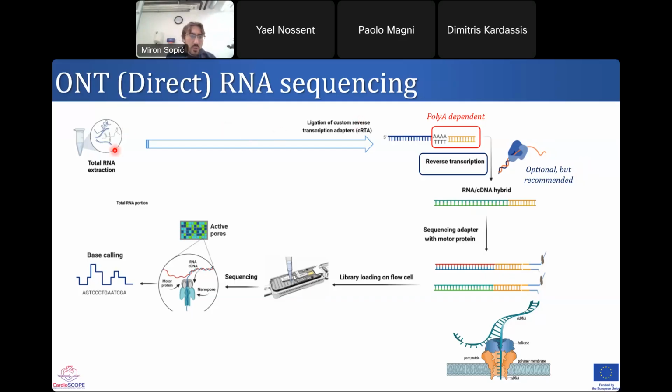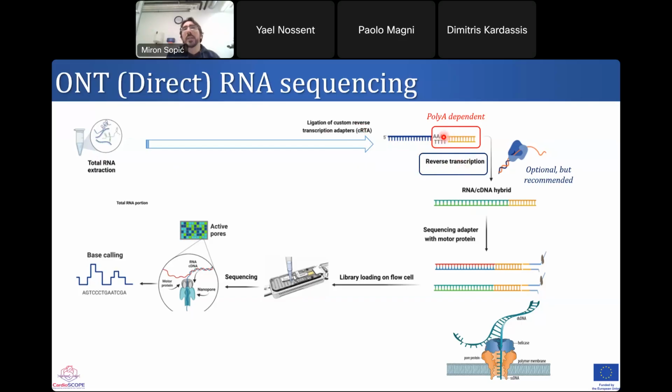So basically what you do in the beginning with your total RNA, you bind a specific type of oligonucleotides that recognize poly-A tails. So if you start with total RNA with the ONT classical approach, you will do poly-A selection within the library preparation. Why?